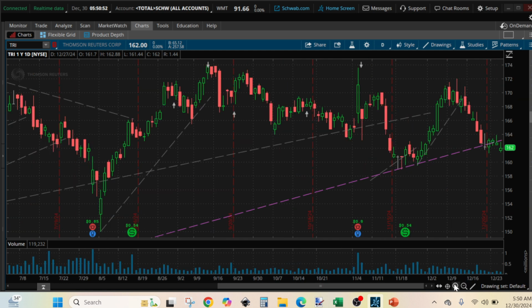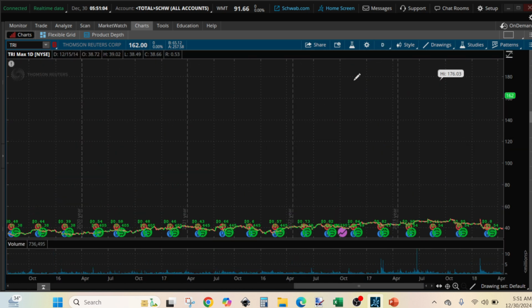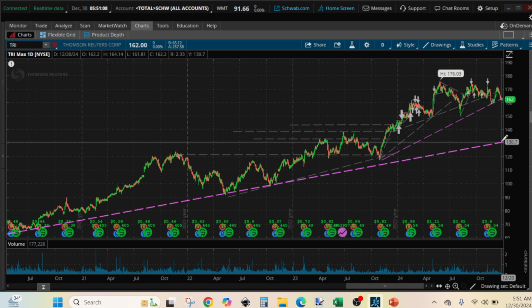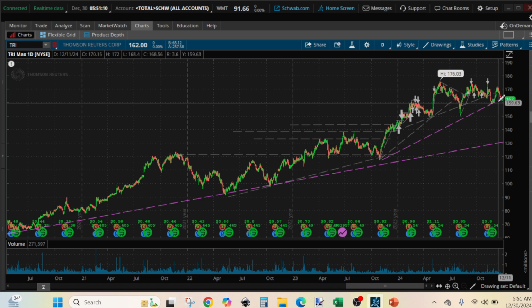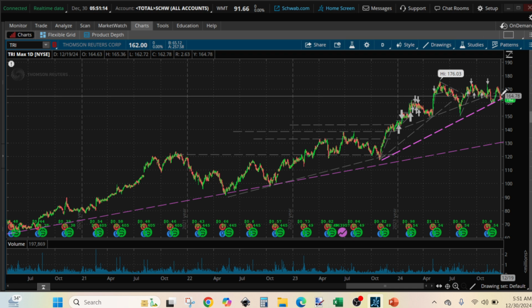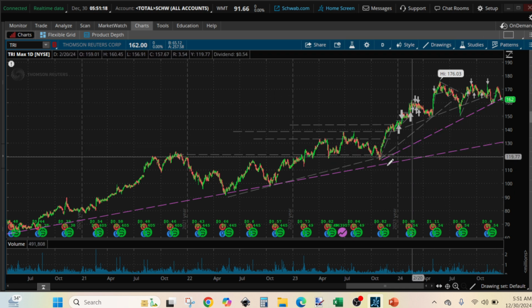I'm not seeing higher lows yet to see the uptrending here, but it is at the line. Whether it's going to stay there or move down to this one, we don't know, but I would assume it's going to start going up from there, but we will see. And this one is a 1 year trend line.